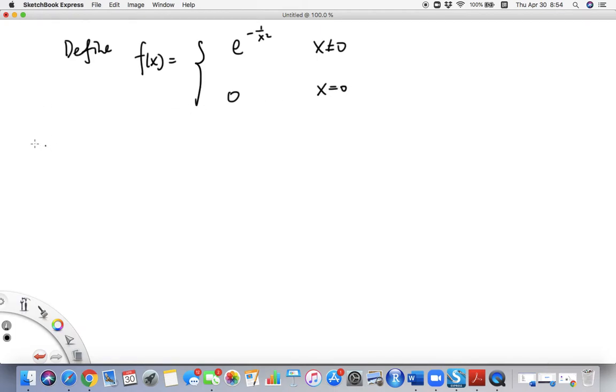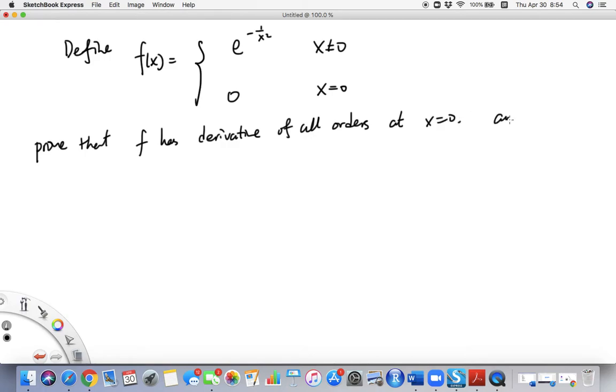So prove that f has derivatives of all orders at x equal to 0, and that the nth derivative at 0 is equal to 0 for all n.